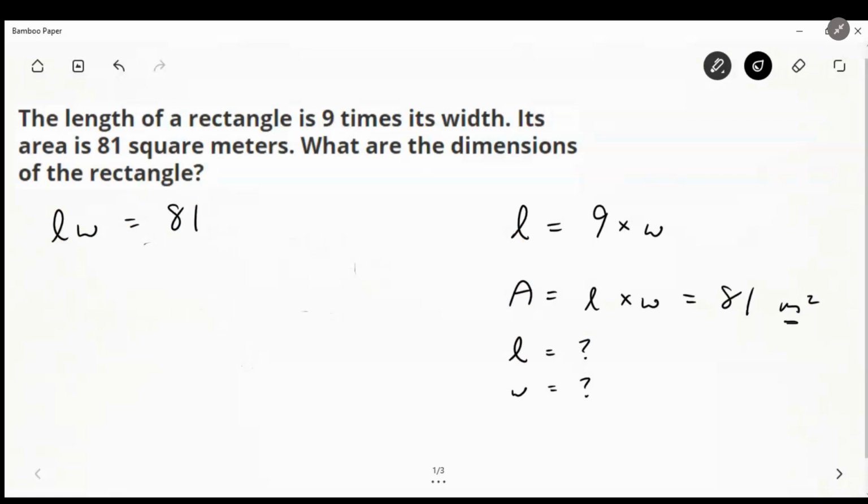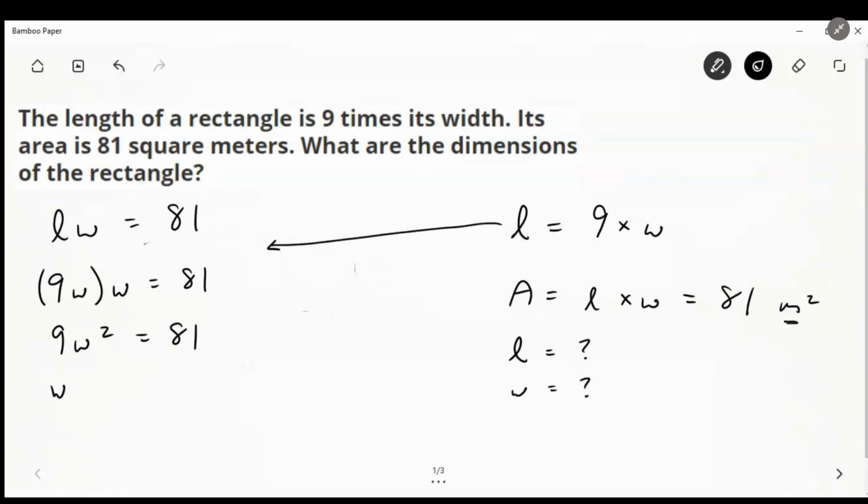And we could substitute in here the fact that L equals 9W, or 9 times W. So when we multiply this out, we have 9W squared equals 81. W squared equals 81 divided by 9, which equals 9.